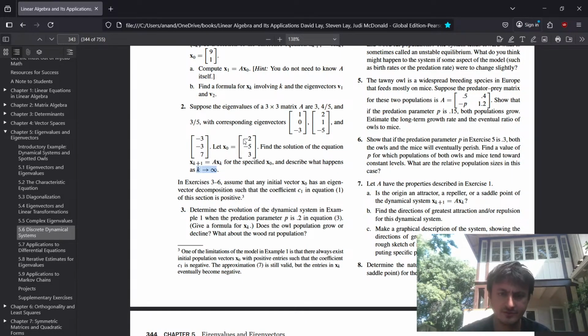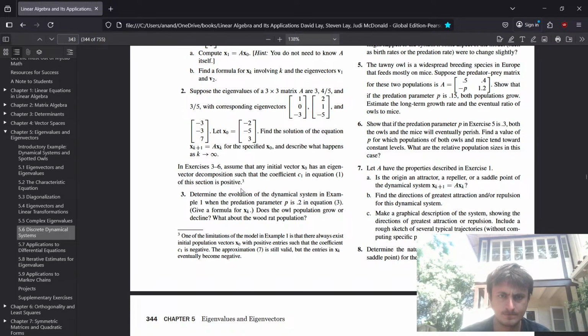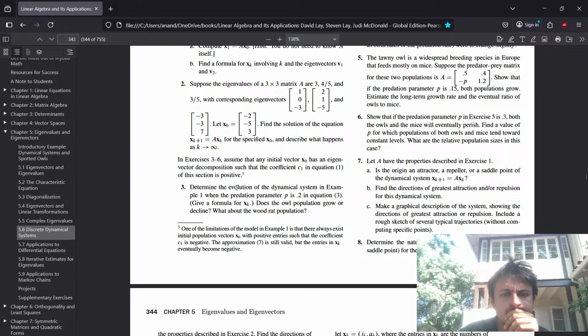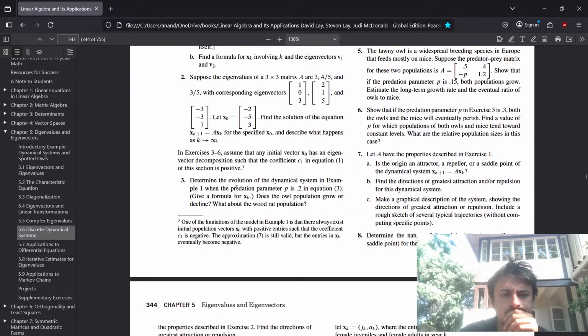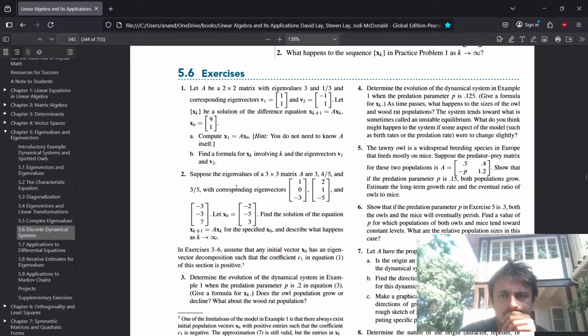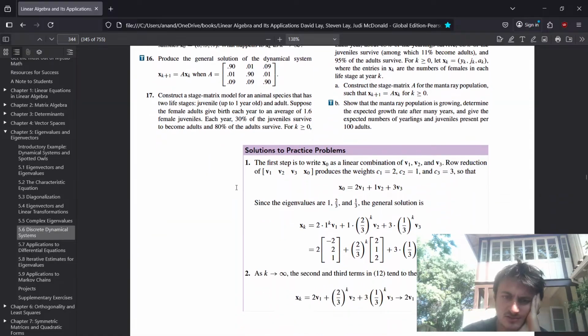Yeah, okay, so we definitely need to read this section because I actually don't know this stuff. Okay, there's not that many exercises, which is good.